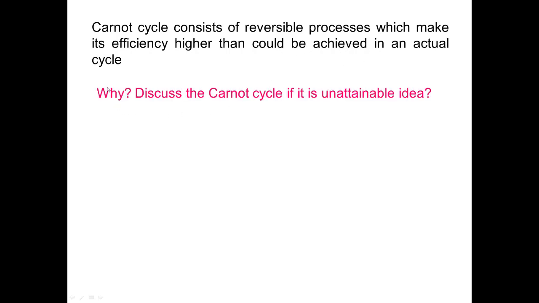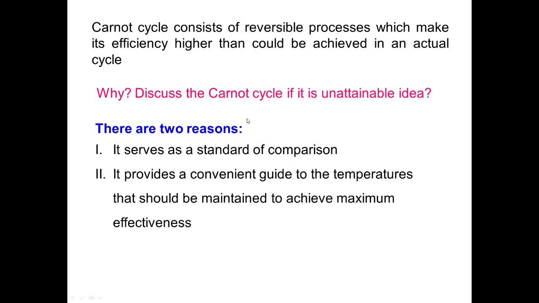So Carnot cycle consists of reversible processes which make its efficiency higher than that could be achieved in an actual cycle, right? Then why discuss the Carnot cycle if it is an unattainable idea? Because, as we discussed in case of the heat engine, due to certain limits it is not applicable. Even then we discuss this.